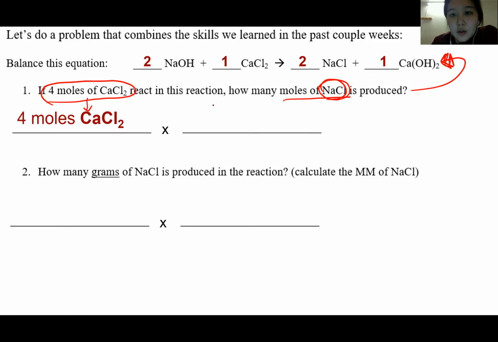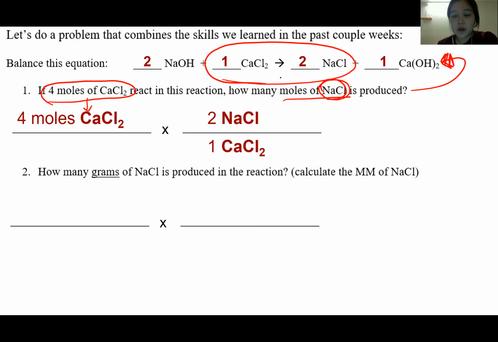For every 2 moles of NaCl, 1 mole of calcium chloride is reacted, right? I'm getting it from here, guys, mole ratio. So to do the math problem, we do 4 times 2, and that is 8 moles of NaCl is produced.